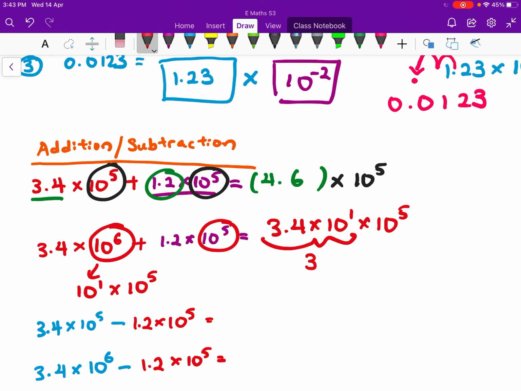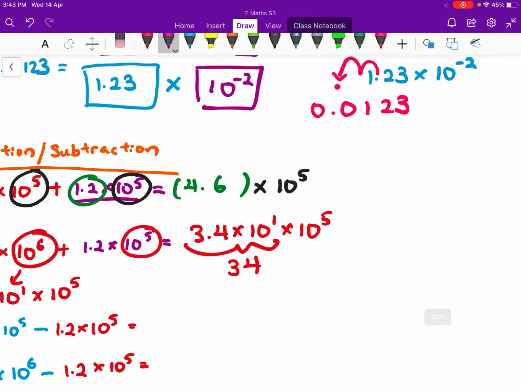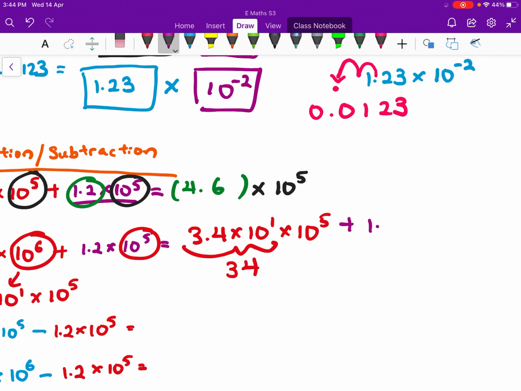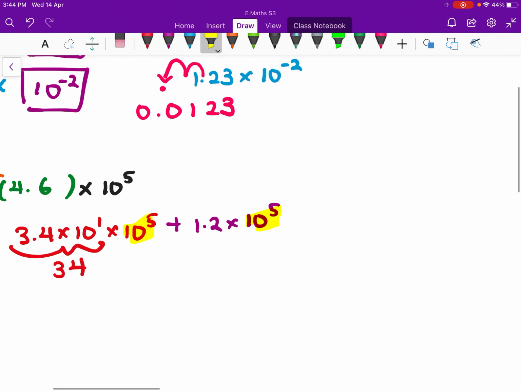So this whole thing will be 34, plus 1.2 times 10 to the power 5. You can see that the standard form here and here now becomes the same. That is very important when we are doing addition and subtraction.